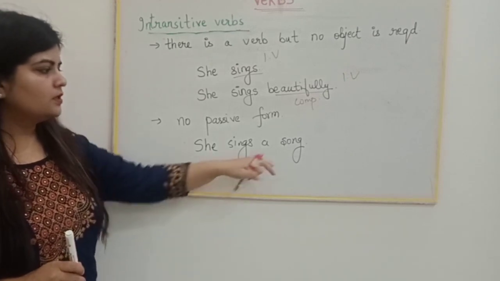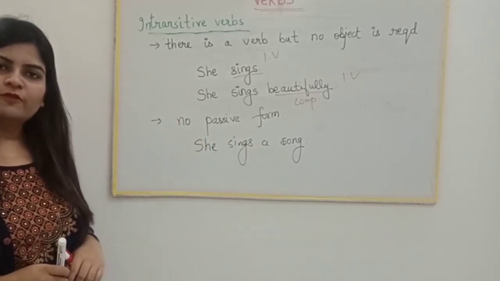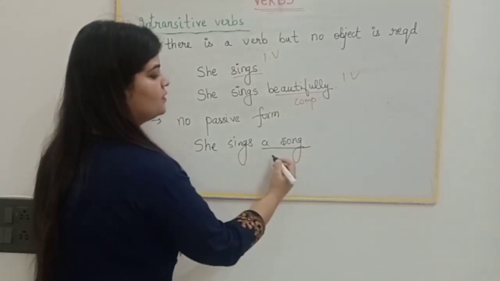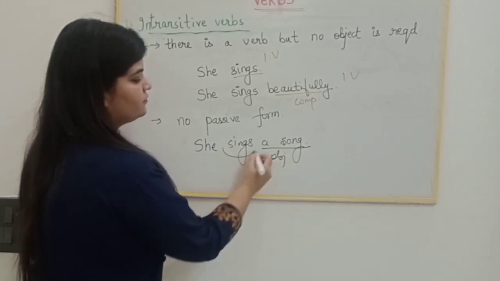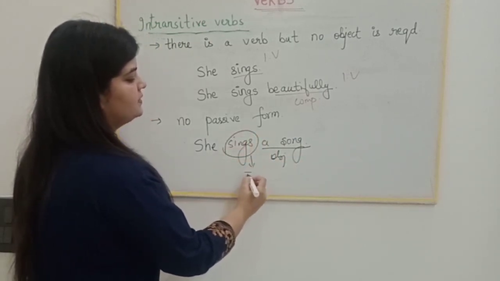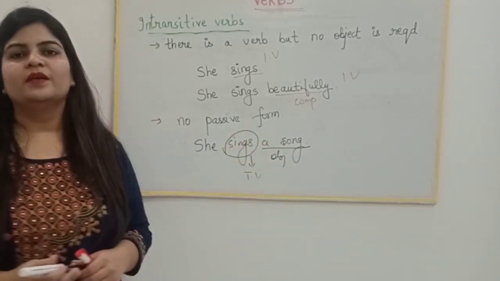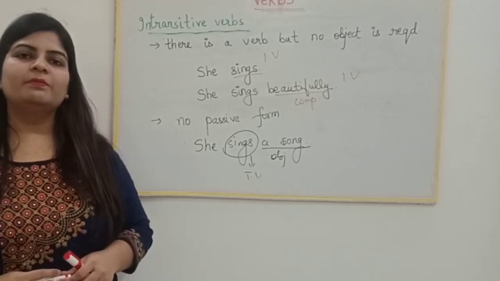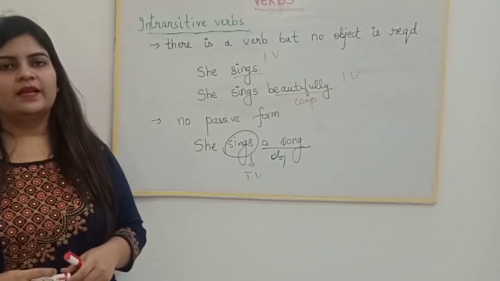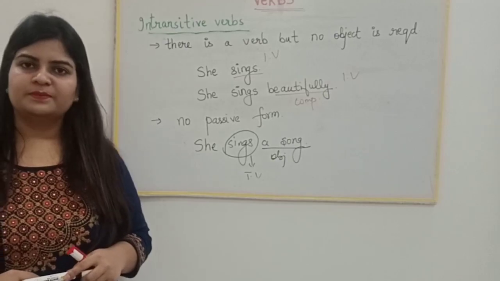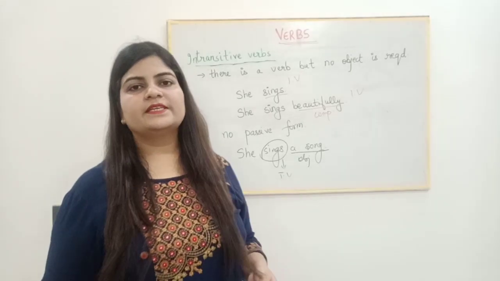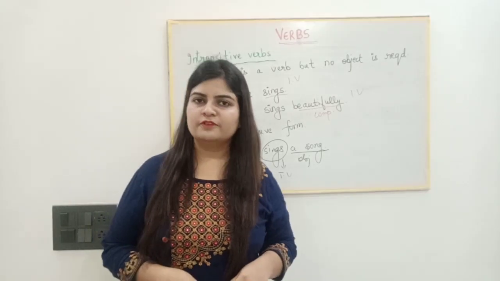She sings a song. So you got an answer for what, so this is the object. Here this verb is acting as transitive also. So you can use the same verb in transitive as well as intransitive form. So these were transitive and intransitive verbs.